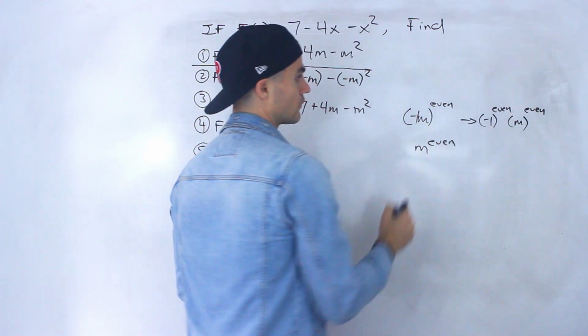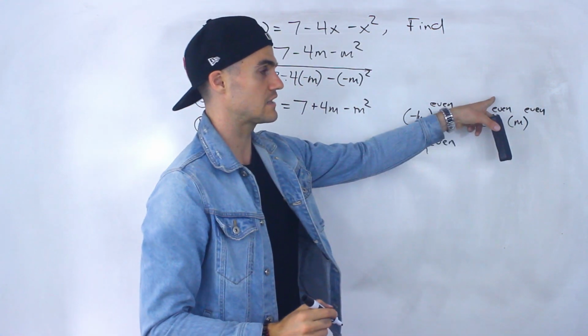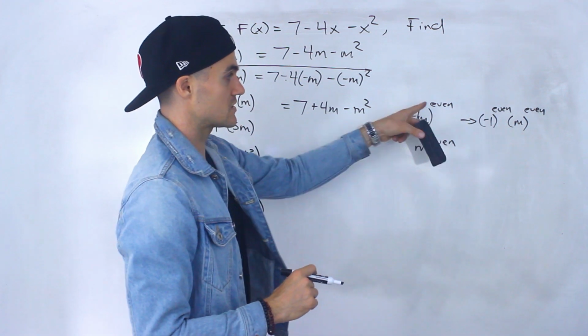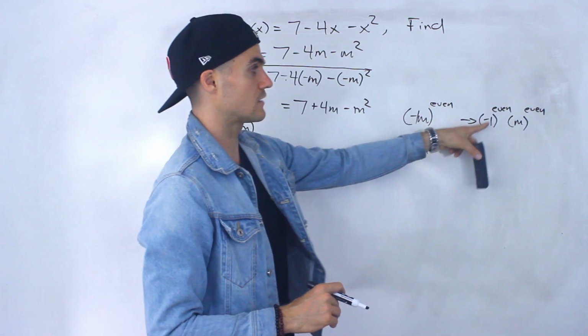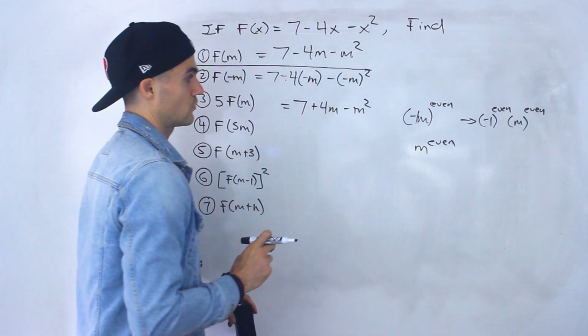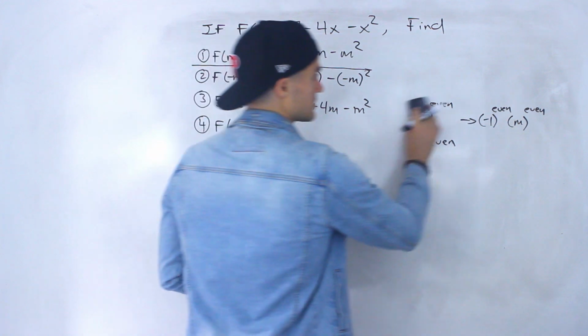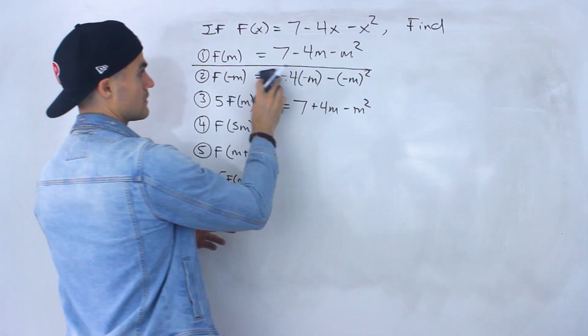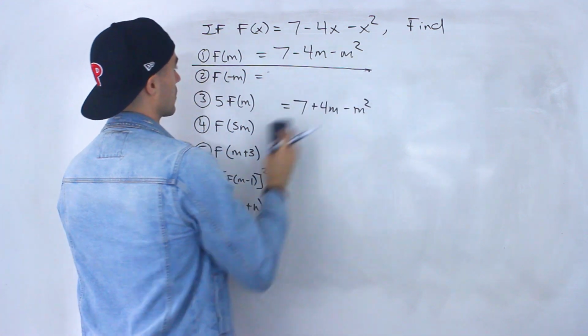Negative 1 to an even number is always going to be a positive 1. But if the exponent was odd, negative 1 to the power of an odd number would always stay as negative 1. So that ends up being the answer for number 2.